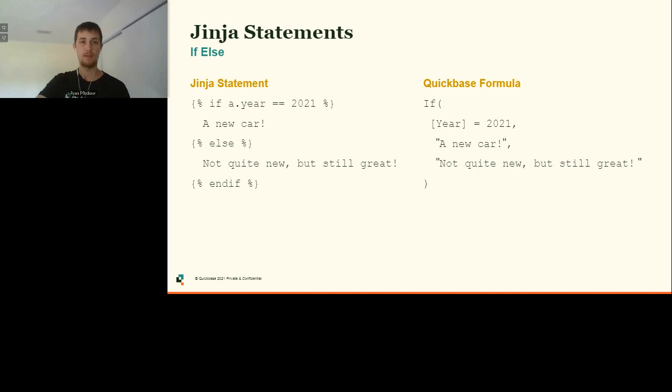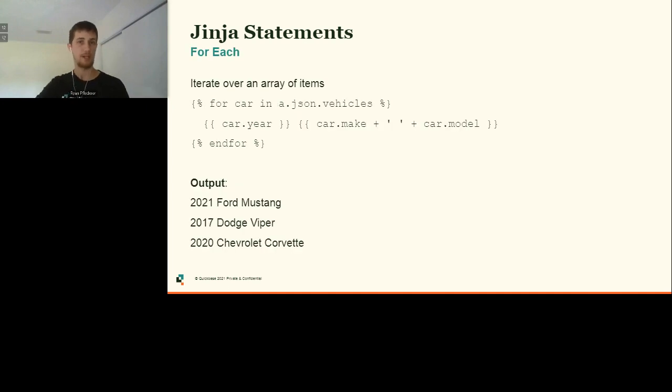Now where Jinja really starts to shine is with that for each, or for loop. It allows us to iterate over an array of items. Going back to the example we saw at the beginning with the vehicles, the 3 cars, here we are doing a for loop.